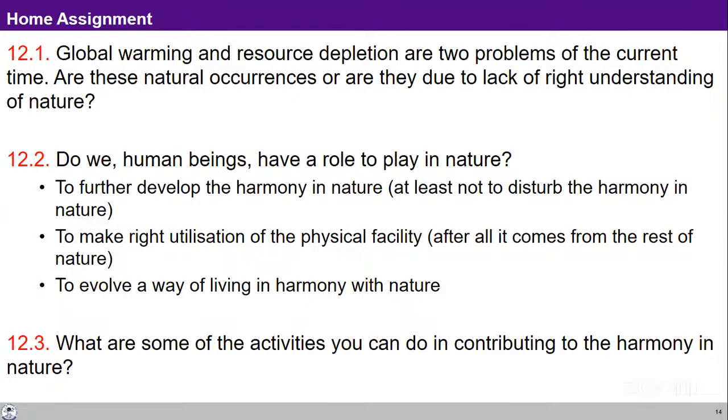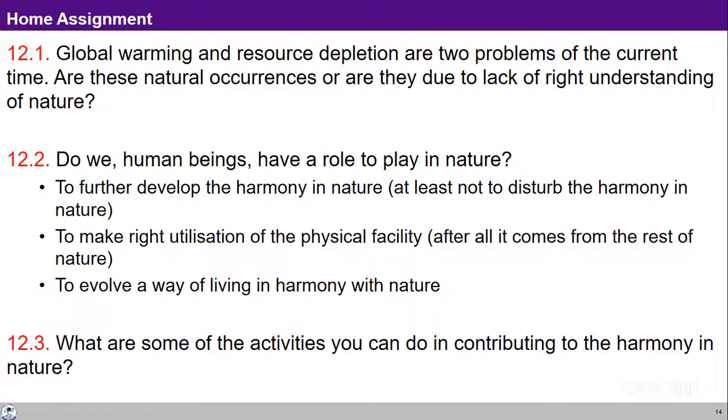To make right utilization of physical facility, we can also think about our own program. How can I utilize the physical facility rightly? Maybe we can think, with right understanding, how much quantity of physical facility is required. Not accumulating things.